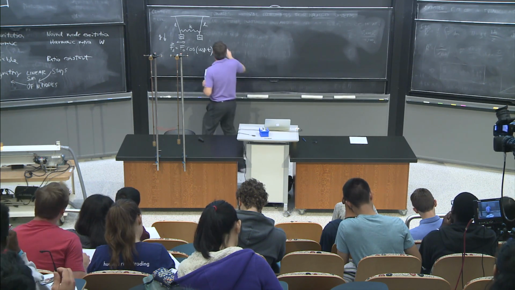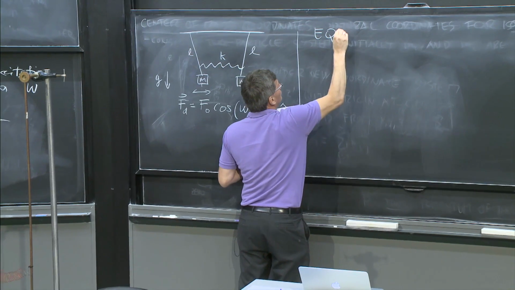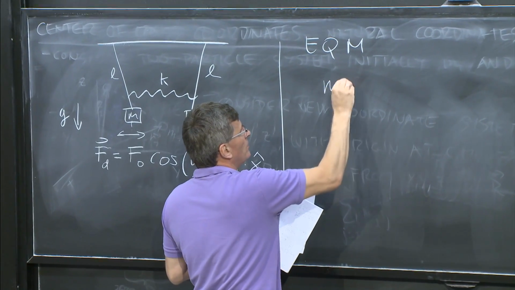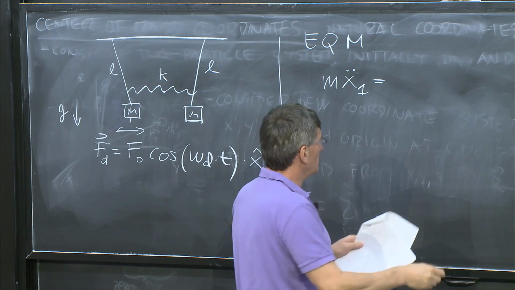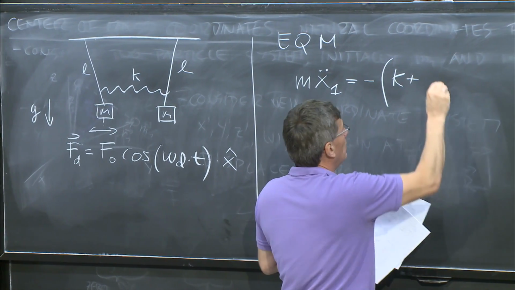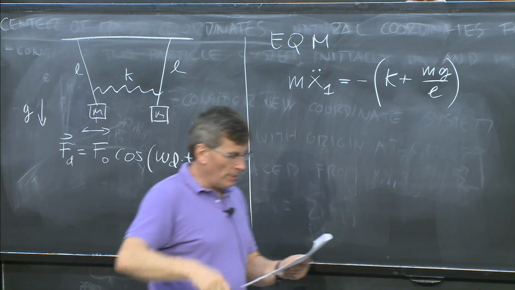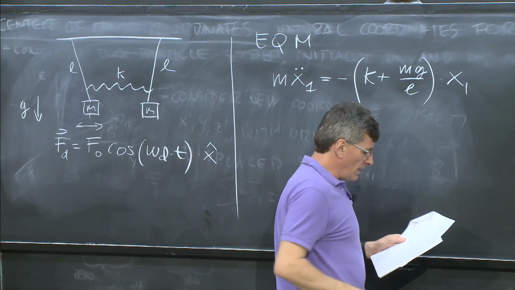So let's write those equations of motion. The force and acceleration on mass 1 is the same as before. There is mg over L, that's the pendulum by itself, depending on position x1.